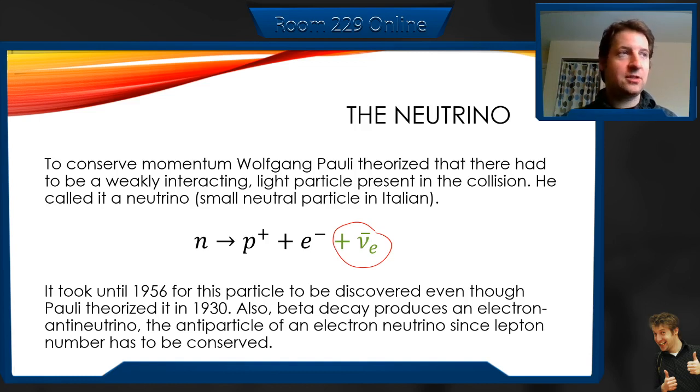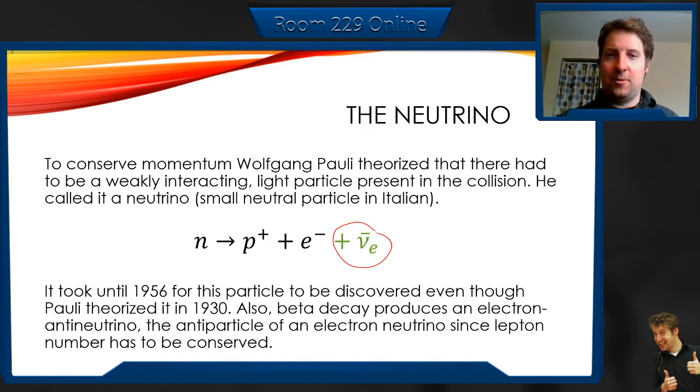And that's because weak interactions are very, very difficult to see because they don't interact with charge. We can't manipulate them with magnetic fields or electric fields. They hardly interact gravitationally, so we can't weigh them. So we have to produce this third thing that's very, very hard to find.